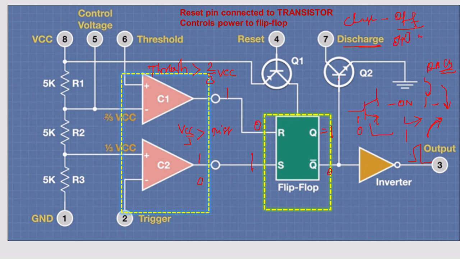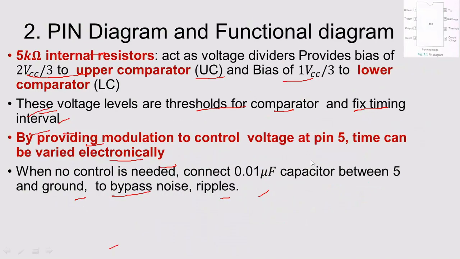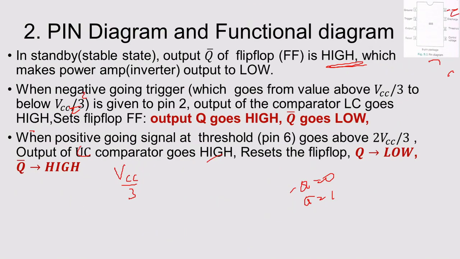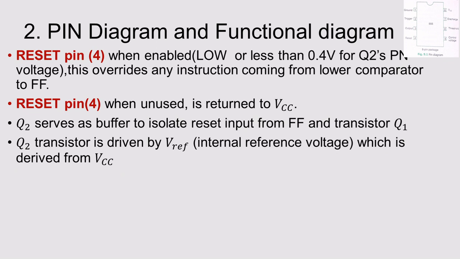The same is given in the slide. If the upper comparator is on, the threshold should be greater than 2 by 3 VCC. Then this will be on, R is on. If reset is 1, Q will be 0 and Q bar will be 1. That's what is explained here. So similarly, I said everything about reset pin 4.